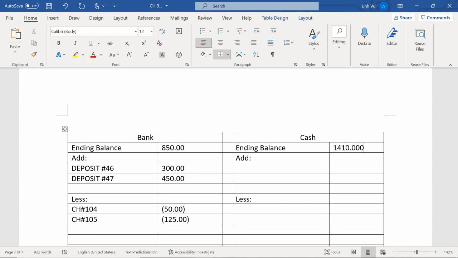Okay, so what do I need to add into my cash side? Interest and ACH. Good. Interest and ACH. Okay, so let's take a look.